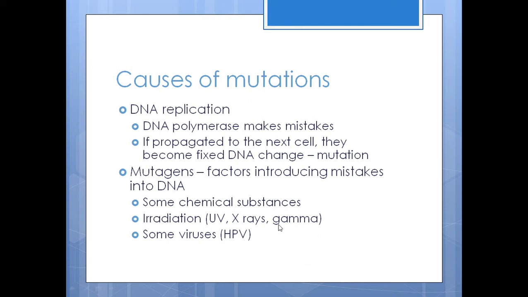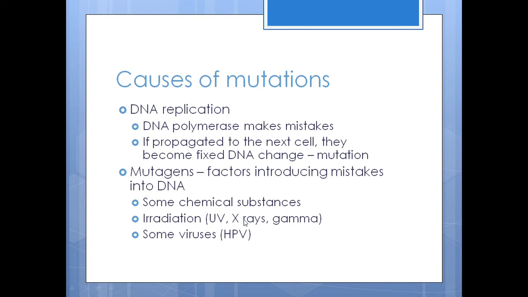Another category of these factors is irradiation. Different types of irradiation may result in a change in DNA structure. Some of them will change the structure of a base. Some of them will destroy the base thoroughly. So later, when DNA is replicated, the DNA polymerase will incorporate a random base in this place because it will not know what should be present there.